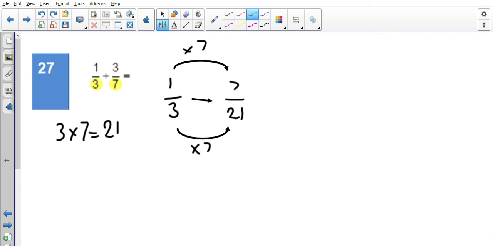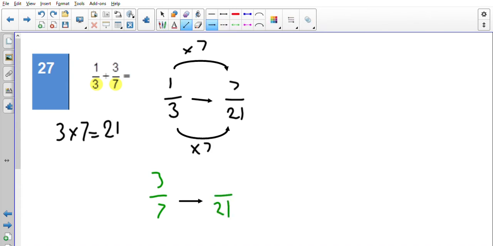So if we do that, let's use a different colour for that. Let's do 3 sevenths. We want 3 sevenths in 21ths. So I'm going to look at my denominator and I'm going to say, okay, well, to get from 7 to 21, I need to multiply by 3. And if I'm multiplying the denominator by 3, it means I need to multiply the numerator by 3.